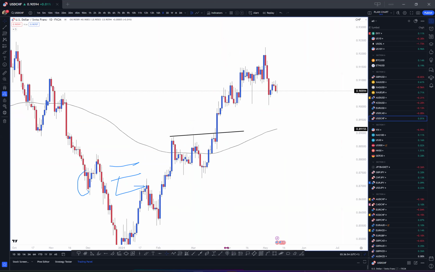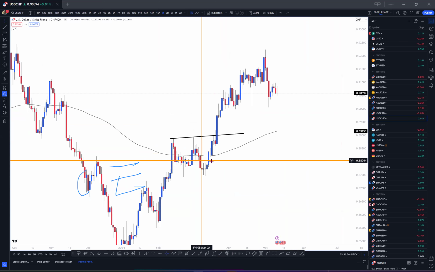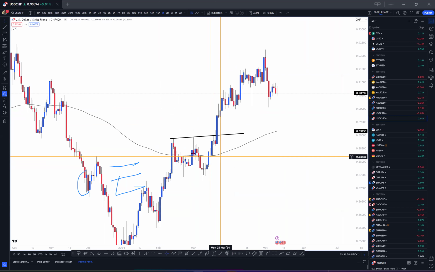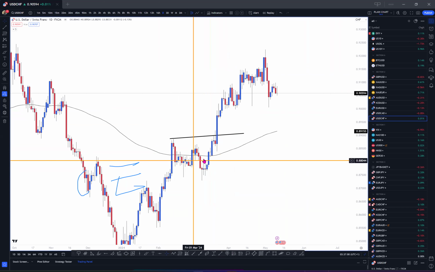And we have to define our exit. So entry, we need to set our stop. We'll put our stop below the next immediate level, which would be somewhere here, and our target will be the next resistance, which will be here. So when you do this, then this becomes a trading strategy.